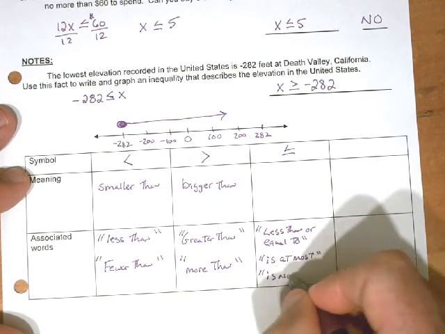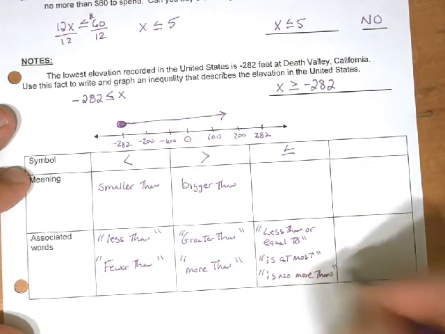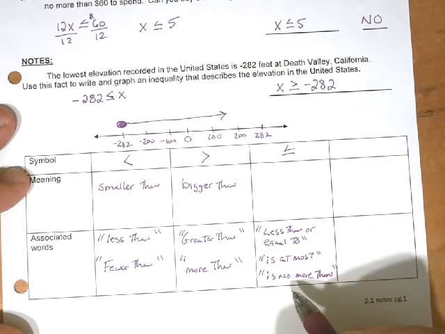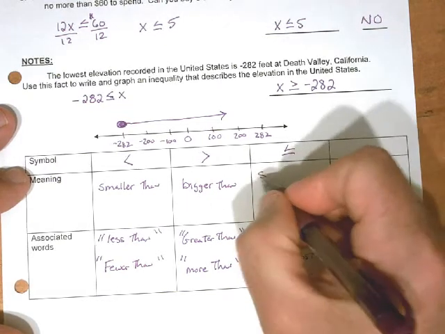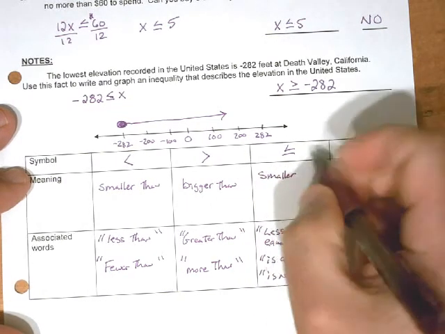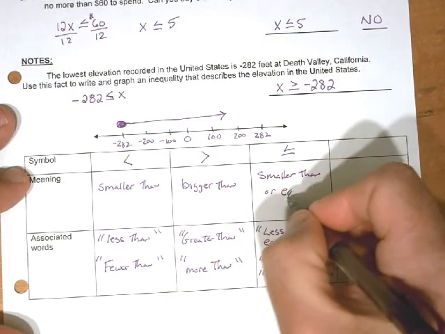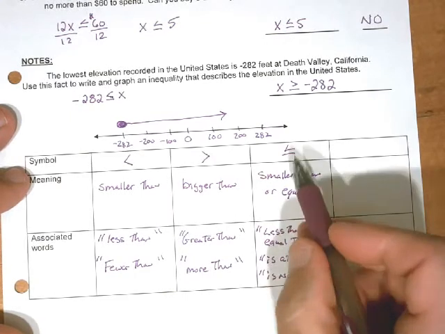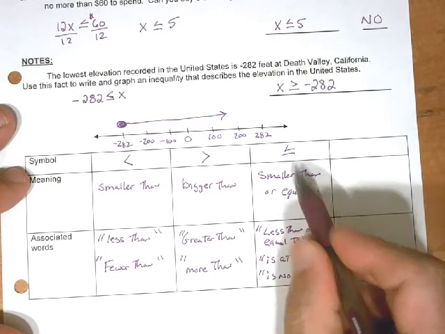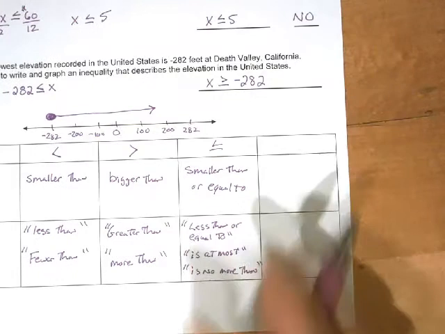And actually we have a third one, is no more than. So we got three of those there. So this is smaller than or equal to. Is a nice little smaller than or equal to, for our less than or equal to symbol.